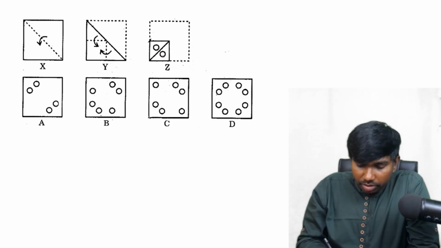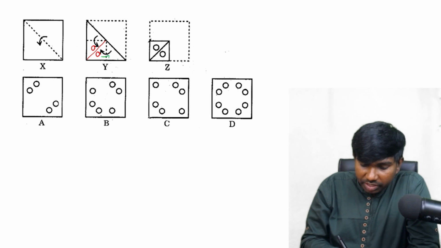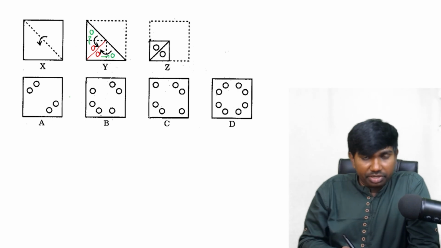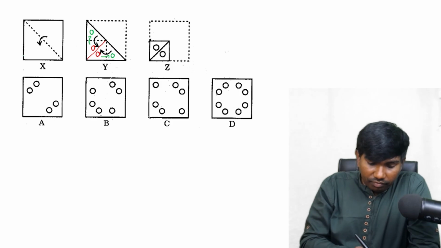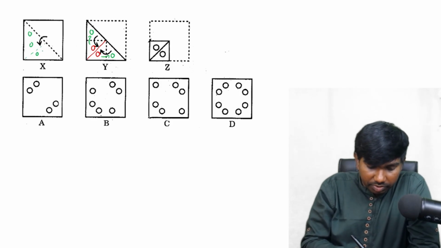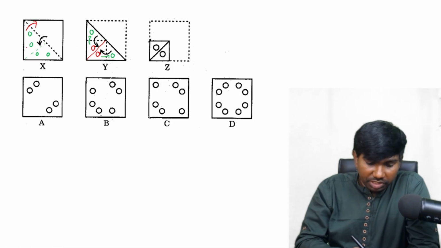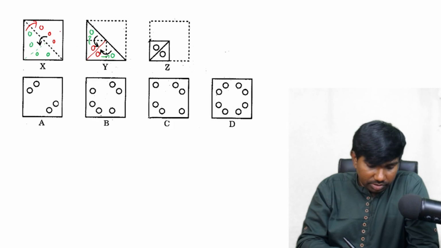Next one. If we come from Z to Y, originally it has circles here, and if you unfold it this way, this circle will appear here. If you unfold it this way, this circle will appear here. Then originally in this figure we have circles like this one and this one. If you unfold it further this way, there will be a few more circles like this.